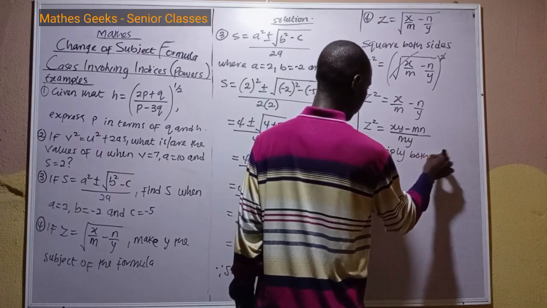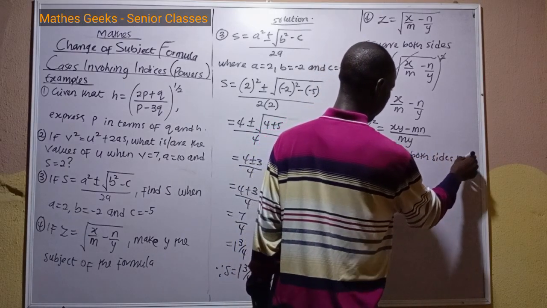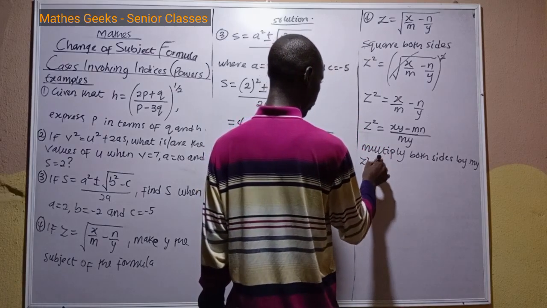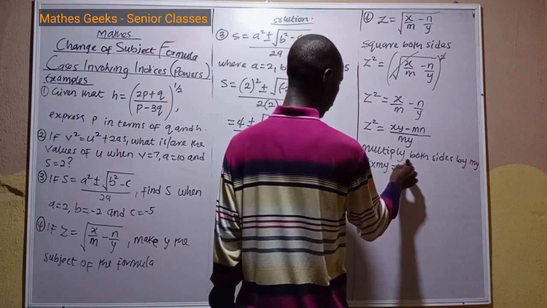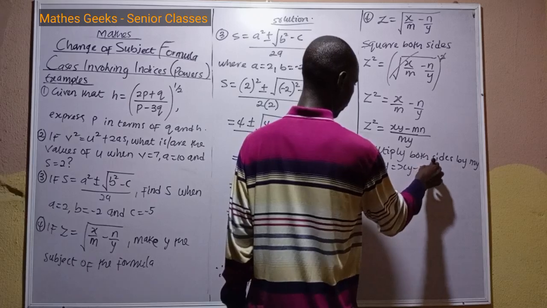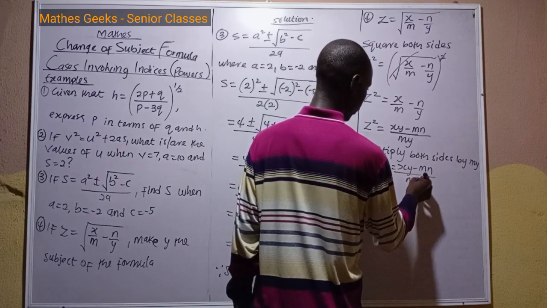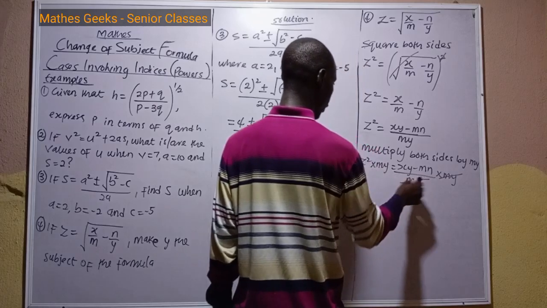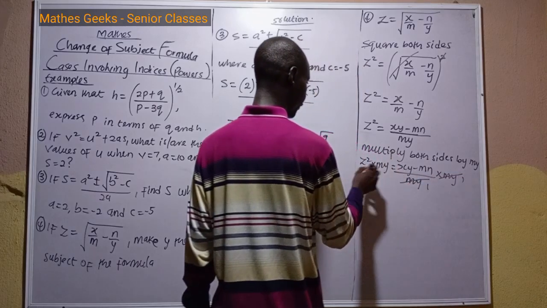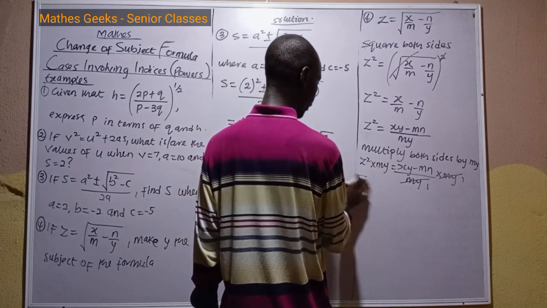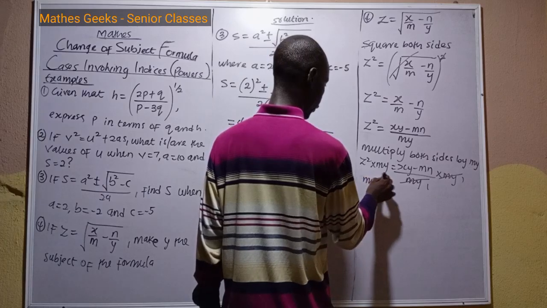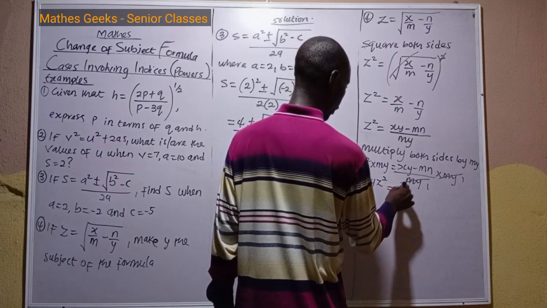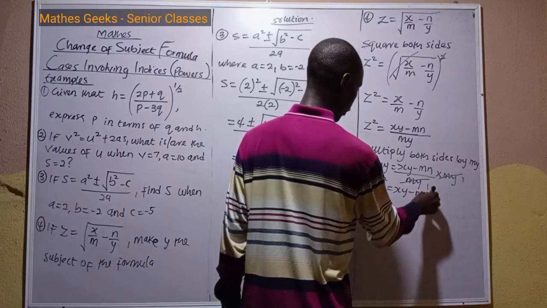So n y z squared is equal to xy minus n squared.